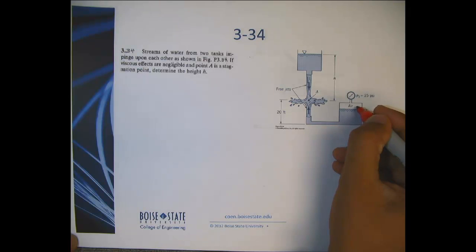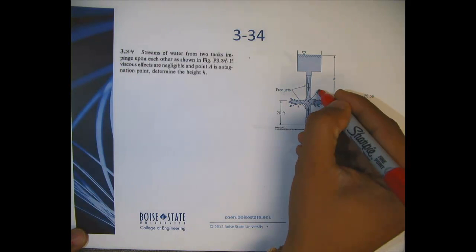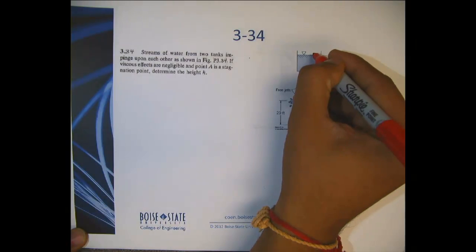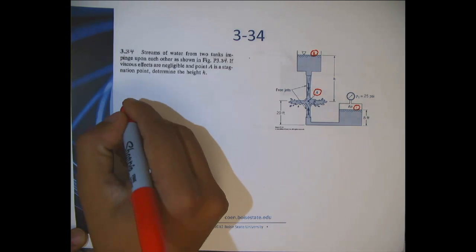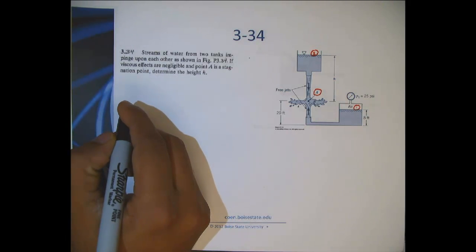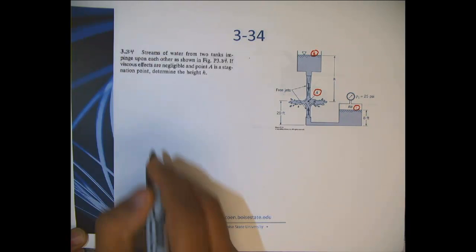Let me represent, since the pressure is given here, let me represent this point as 1, and we already have A, let's denote it as A itself, and let's denote this point here as 2. Alright, so let's write the Bernoulli equation along a streamline going from 1 to the point A.